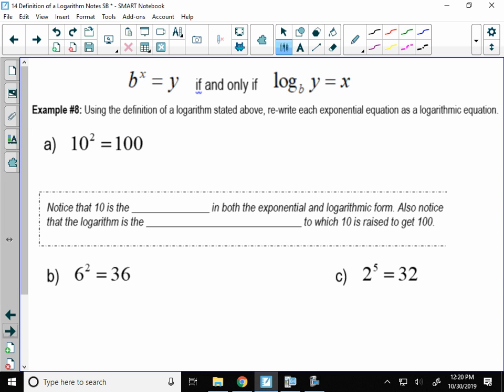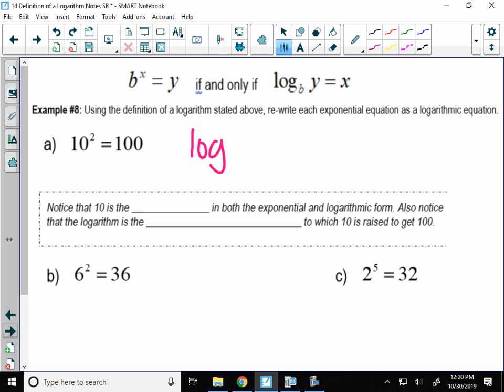Let's just keep going here. So, logarithms and exponentials, they're inverses, they work together. So what we're going to do is take this exponential expression, 10 squared equals 100. Do you agree that that's a true statement? Yeah, I would. We're going to take that expression and write it as a logarithm. So we'll do one, and I'll show you a shortcut after the first one. So we're going to do the same thing we just did with the equation. Log.